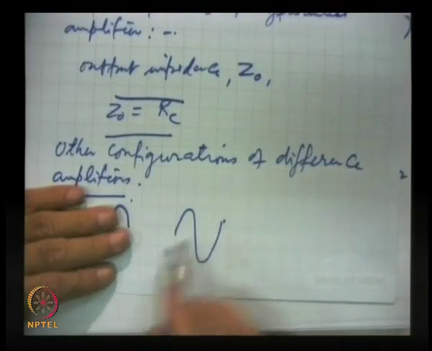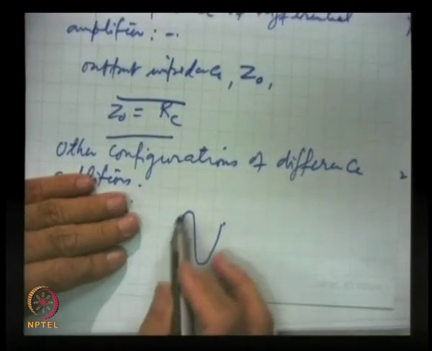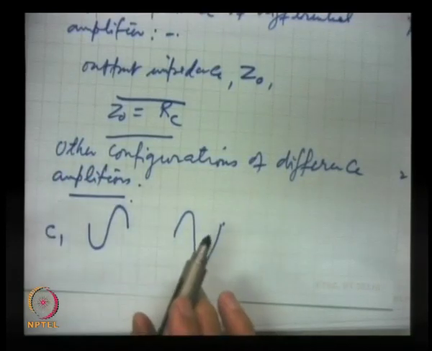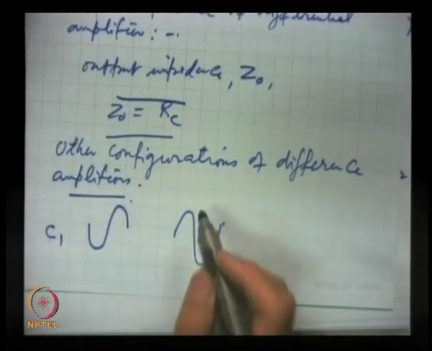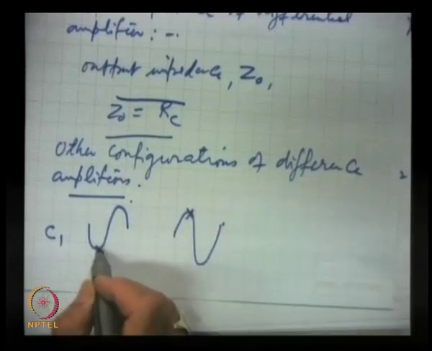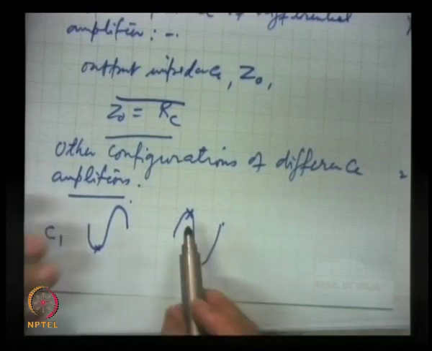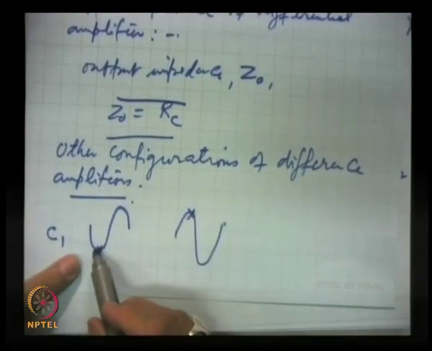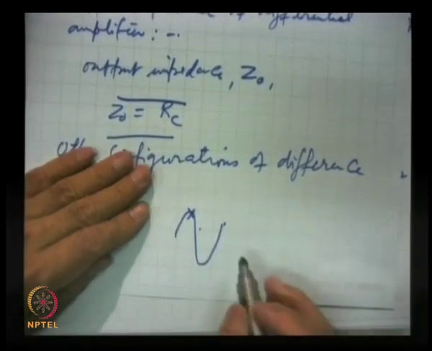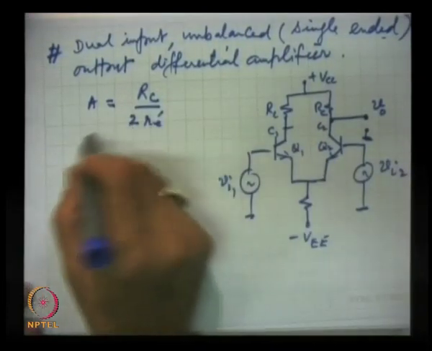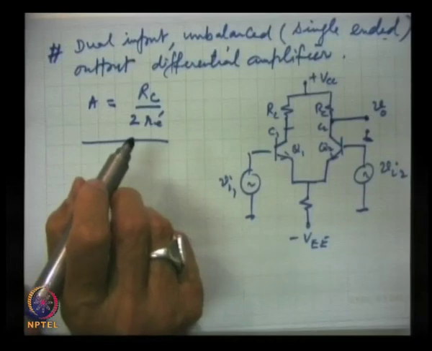Now, if we measure this with respect to ground, this will be the gain. These two are identical as far as the magnitude is concerned, but when this point is measured, this is double. We explained this, that this will come double. So, in this case, when we are taking output with respect to ground, the gain will be half.